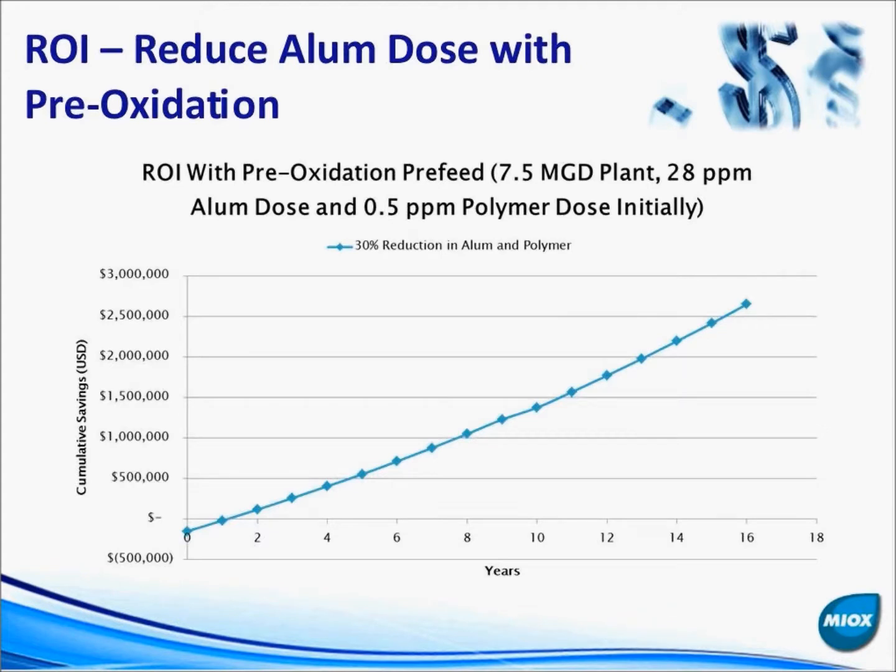So what does that translate into? Well, not only do you have potentially the advantage of lowering your TOC and your disinfection byproduct precursor formation, but you also have an opportunity to save a lot of money.